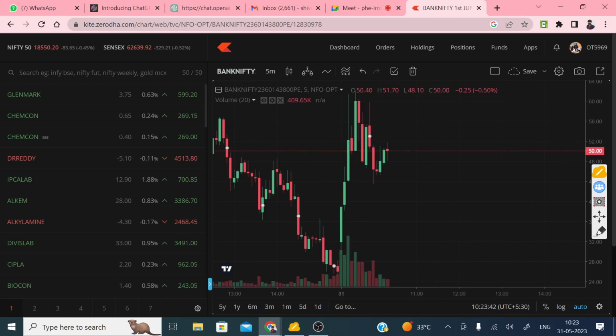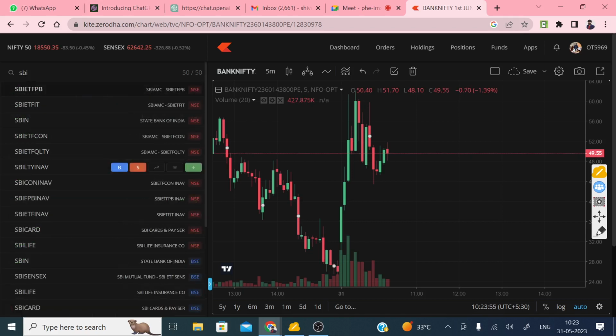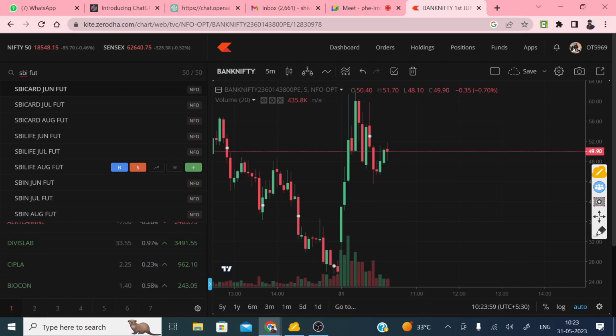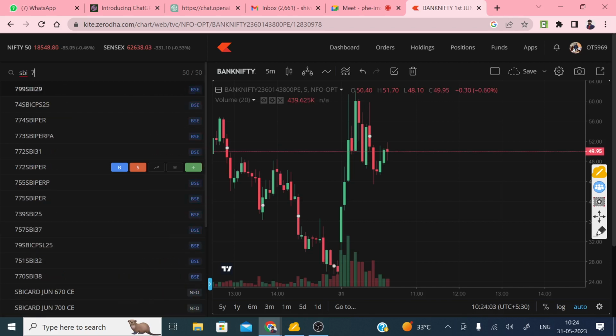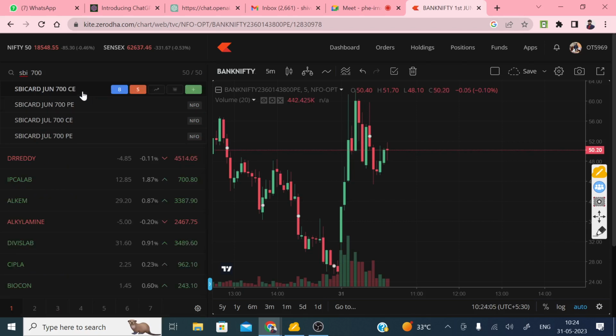So yeah, that's all about options. Options you can buy in the indices, in the stocks, even individual stocks also. Any reputed stock, let's say SBI, you can do it. SBI futures, SBI options, let's say 700 P, 700 C, you can buy it. It's a strike price.